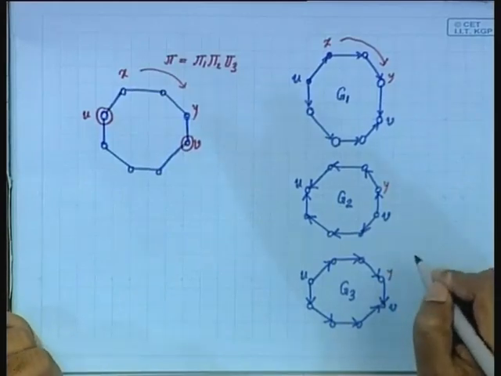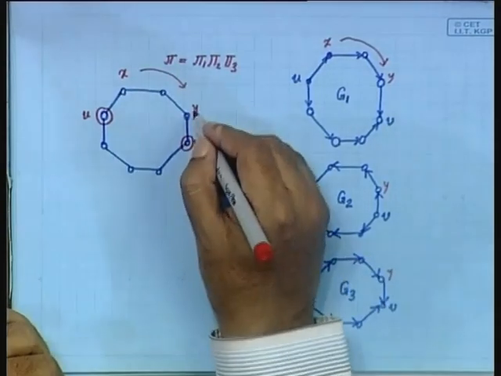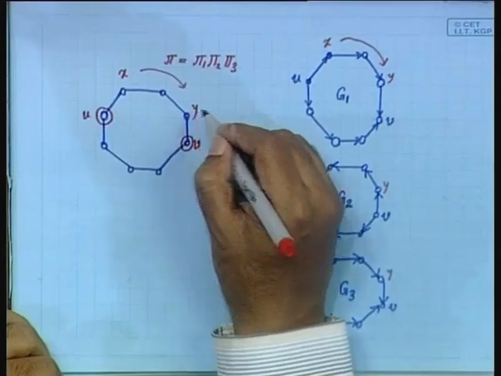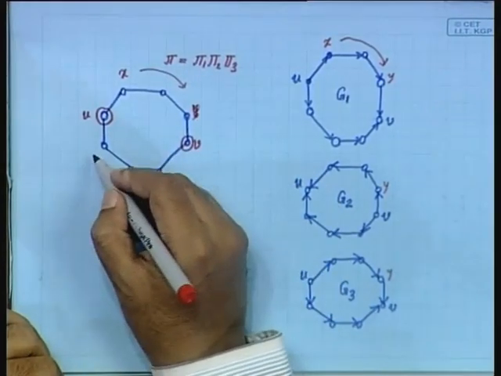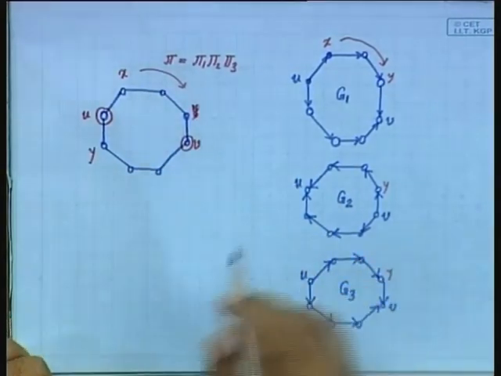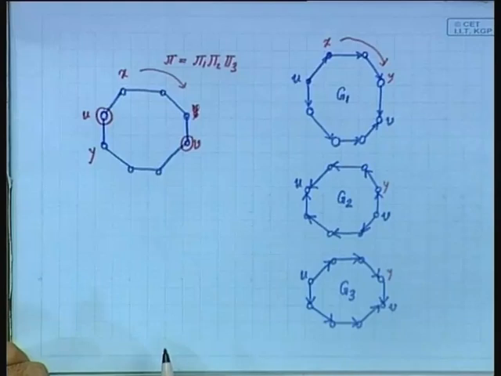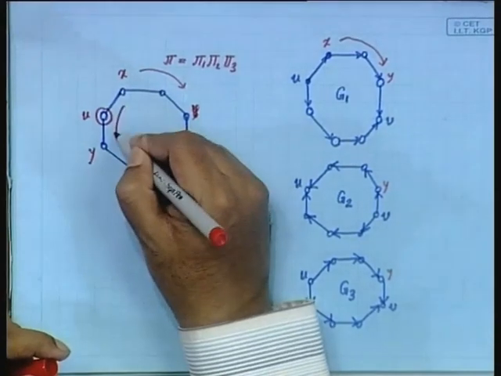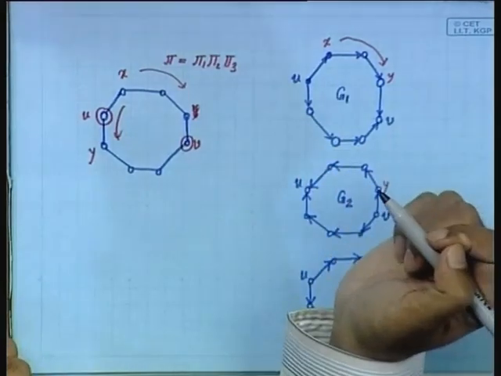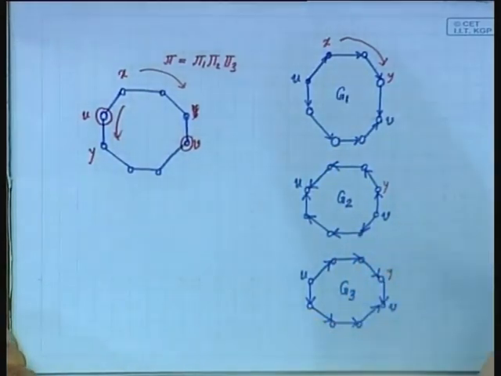Okay. Now, if x is here and y is here, then how am I going to route it along the shortest path? What will be the shortest path? This one, right. So, how am I going to do it?